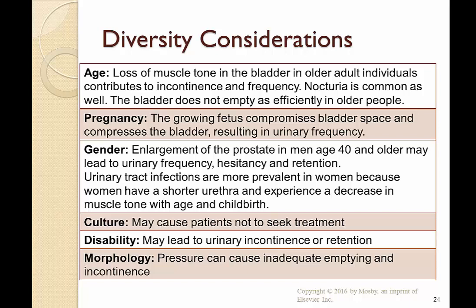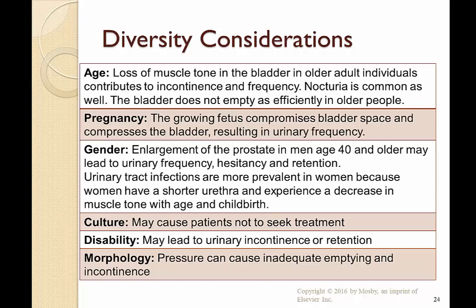So we always consider diversity when we think about the urinary system. With age, we want to remember that children have a full bladder between ages 3 and 5, and many get nighttime control by the time that they're 5.